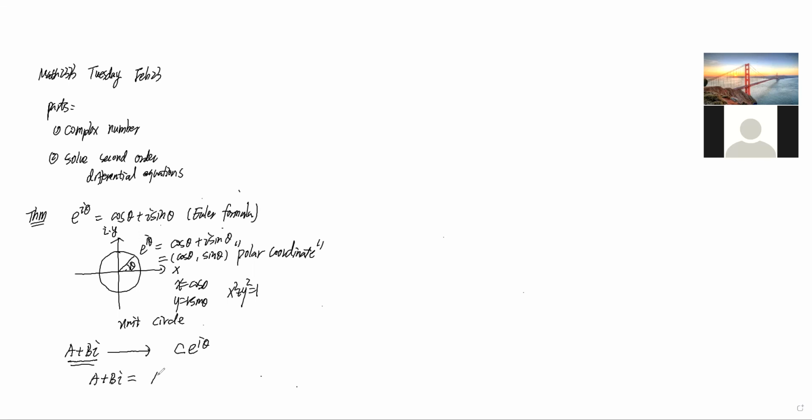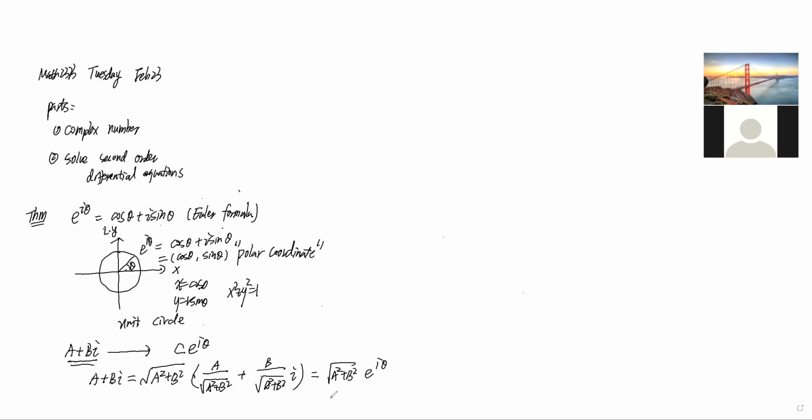First take the square root of a squared plus b squared, and then write a over the square root of a squared plus b squared, plus b over the square root of a squared plus b squared times i. Then you can write this as the square root of a squared plus b squared times e^(iθ).